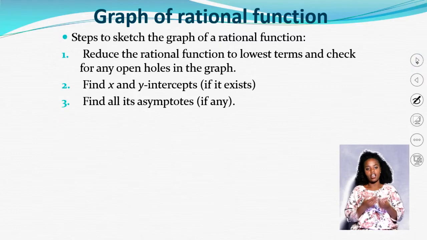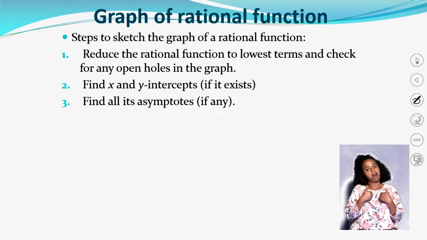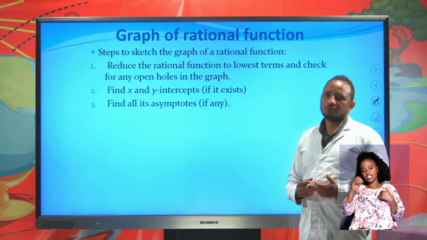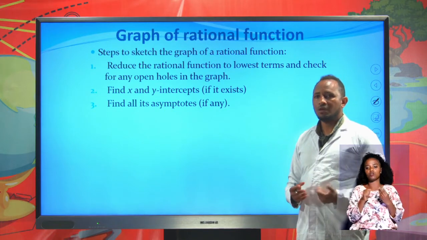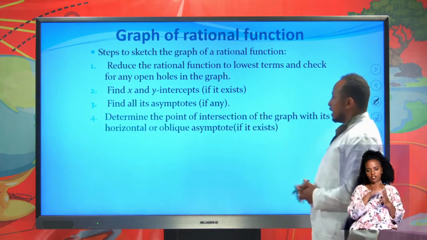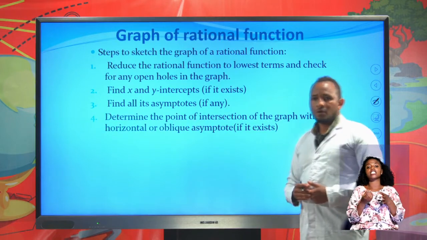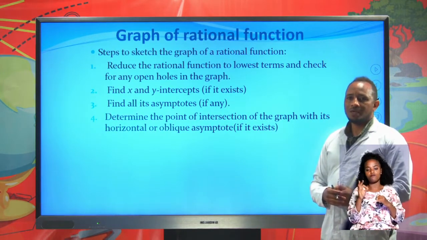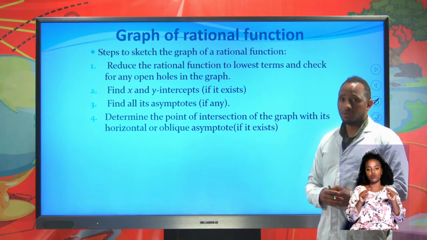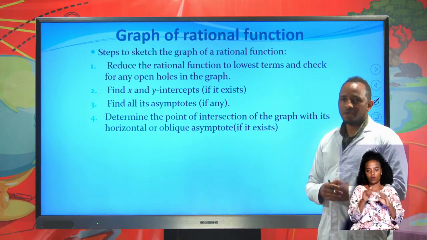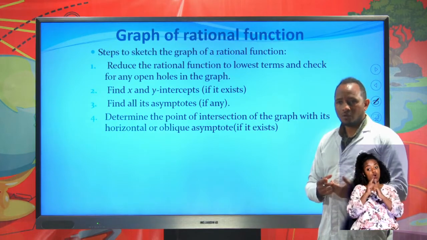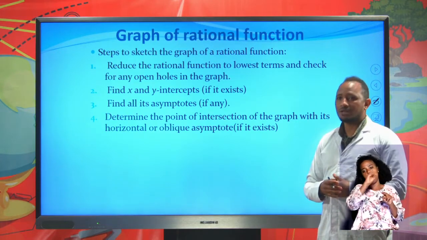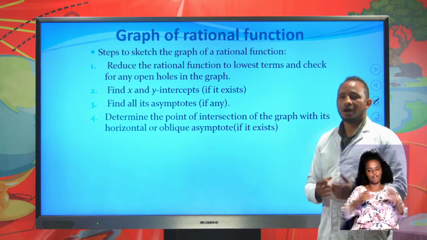Find all its asymptotes, if any. It may have horizontal, vertical, or vertical and oblique asymptotes. Next, determine the point of intersection of the graph with its horizontal or oblique asymptote if it exists. By the way, a graph may cross its horizontal or oblique asymptote, but it can never cross its vertical asymptote.